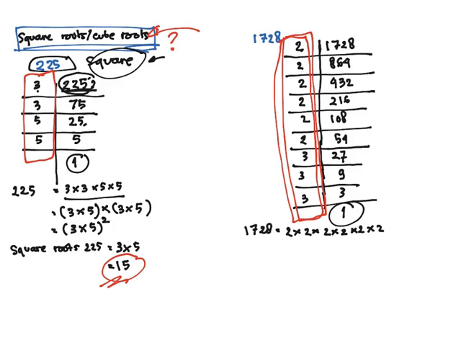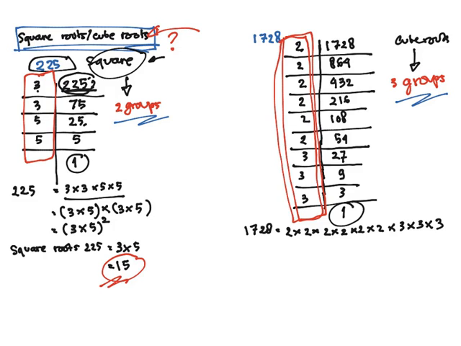So there is 2 for 6 times, and then multiply by 3, multiply by 3, and multiply by 3. Because for the square root, we divide it into 2 groups. If we do it for cube roots, we divide it into 3 groups. Okay, you need to remember this one.